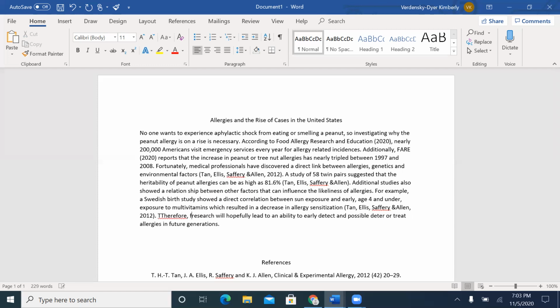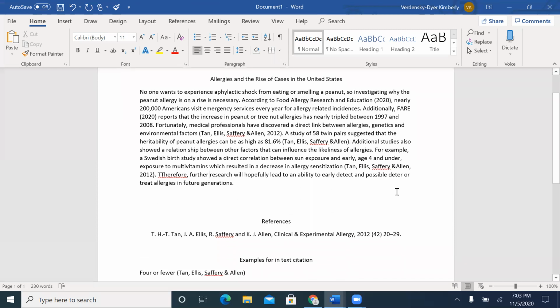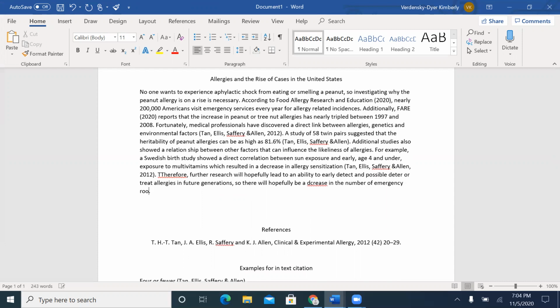So therefore, further research will hopefully lead to an ability to early detect and possibly deter or treat allergies in future generations. So there will hopefully be a decrease in the number of emergency room visits and fewer deaths.